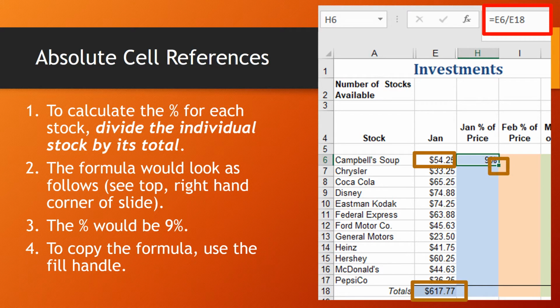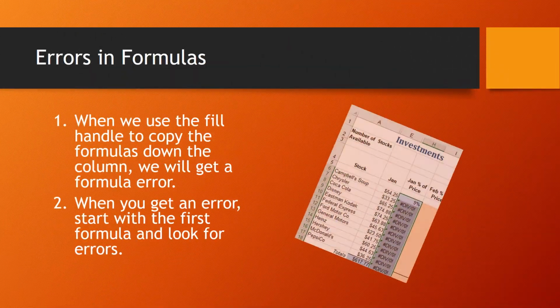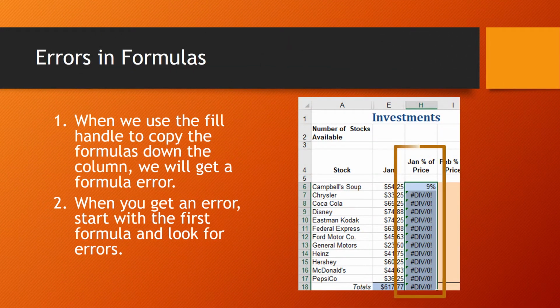To copy the formula, we normally would use the fill handle. When we use the fill handle to copy the formulas down the column, notice we get the div trace error.